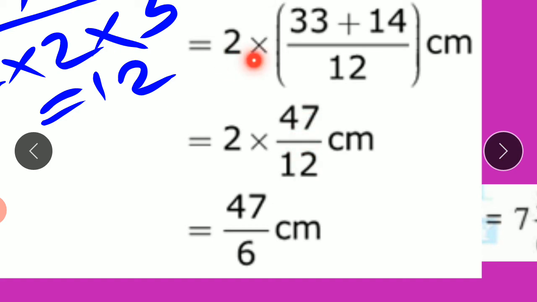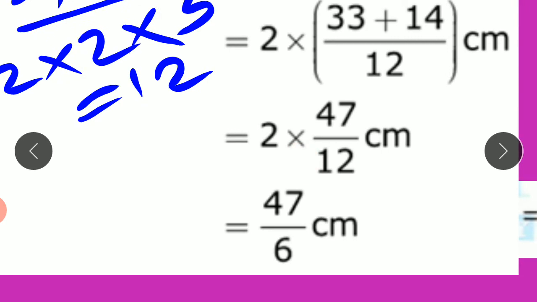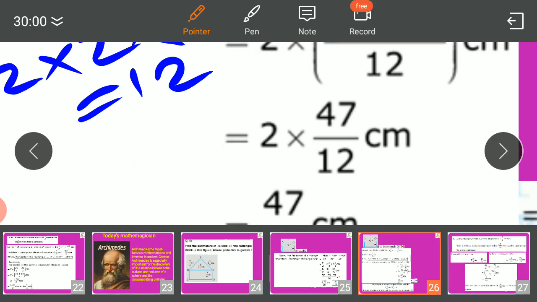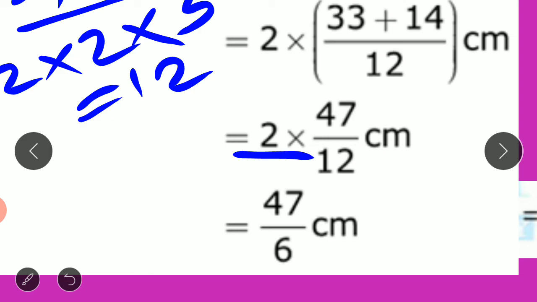That is 2 into 47 by 12. So first we added the length and breadth value and received 47 by 12. Now let's multiply with 2. This 2 can be written as 2 by 1.